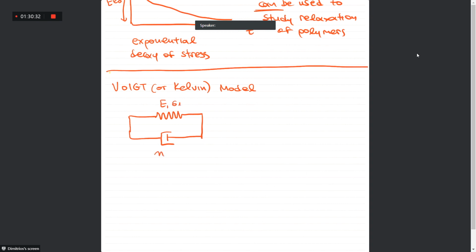Here we have a connection in parallel, and we know that the strains are uniform because we have a parallel connection. The strain is the same anywhere in the model, and the stress is sigma equals sigma 1 plus sigma 2, and that is our equation 1.